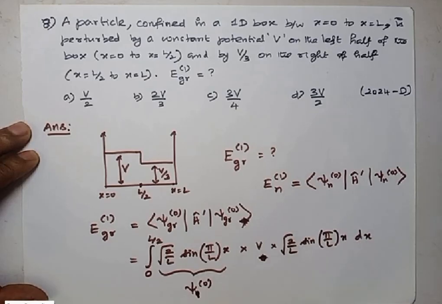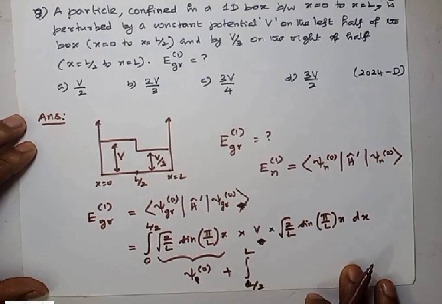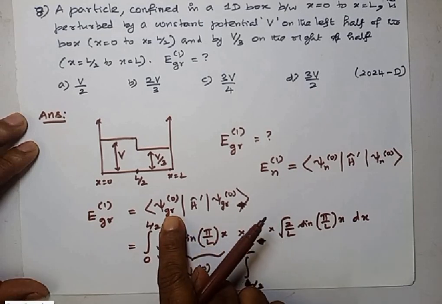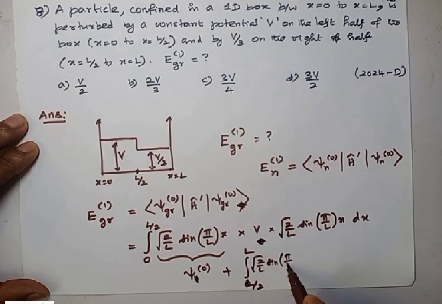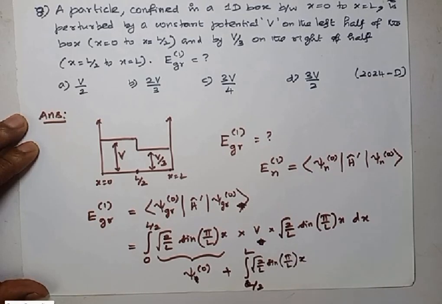Then for the second half, plus the integral from L/2 to L, the right half of the box. The ground state wave function is the same, square root of 2/L sine, the ground state wave function for a particle in a 1D box.